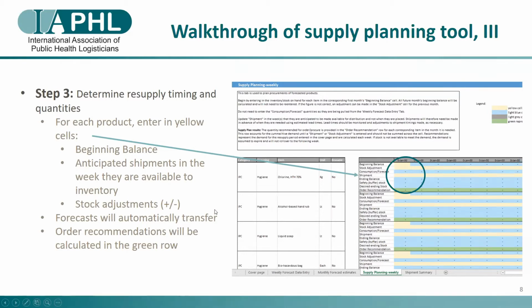If there are any anticipated shipments, they can also be entered for the weeks that they are anticipated to be available in inventory, and any stock adjustments such as transfers from facilities or losses can also be entered in. The weekly forecast will automatically be transferred from the weekly forecast data entry tab, and order recommendations will be calculated in the green rows.